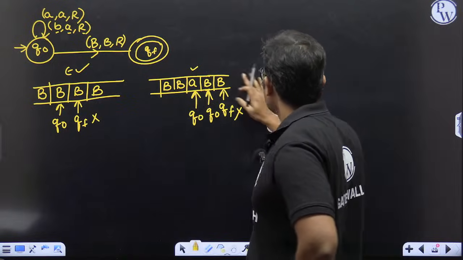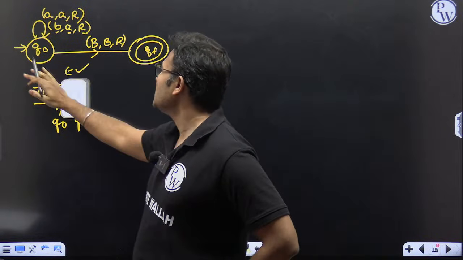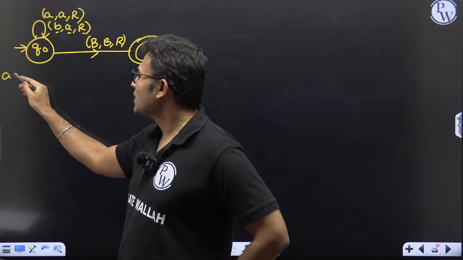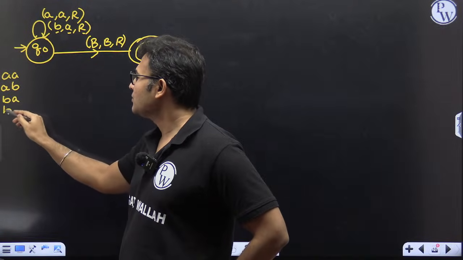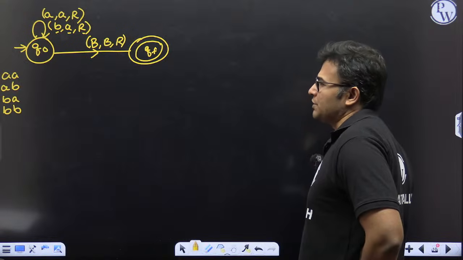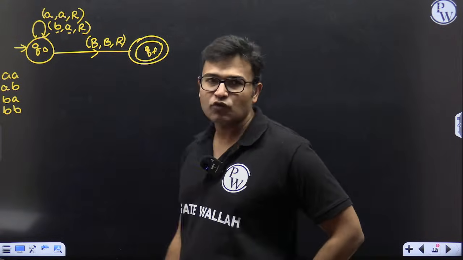Okay. Now let's see what happens on AA, AB, BA and BB. For these simple machines, a 2-length string is sufficient. You don't have to check for 3-length or 4-length strings.